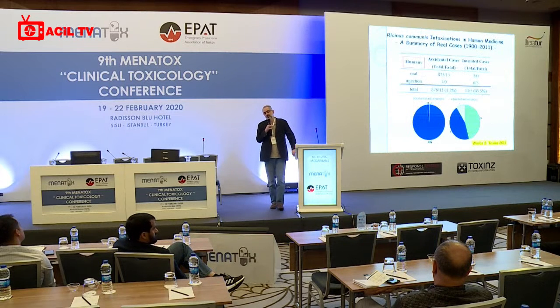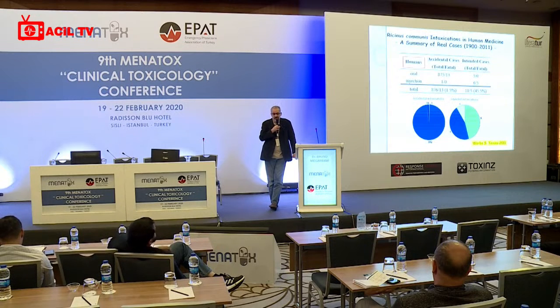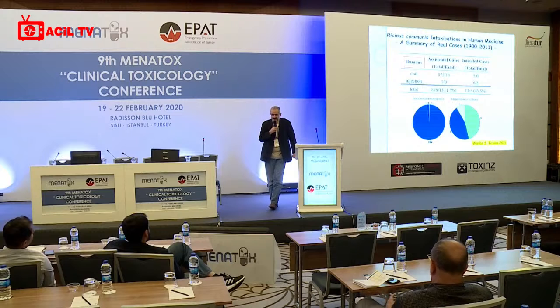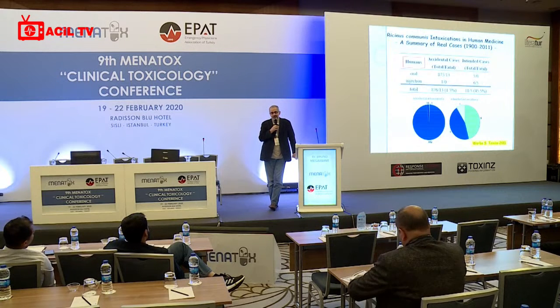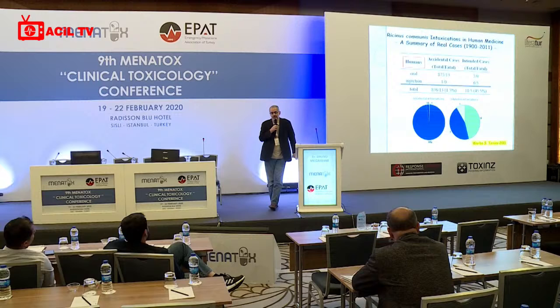So when you look at the review of all ricin poisoning reported in the literature, and this is an interesting study, so it is like 1 century of cases. You see a total number of about 875 cases.